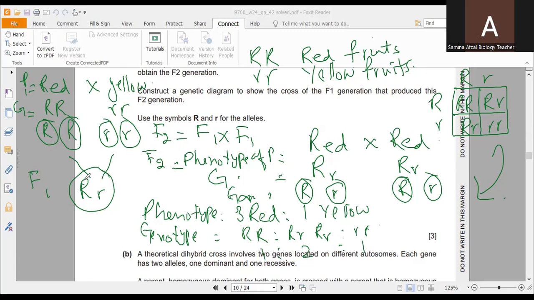So we can say the genetic diagram above shows the cross of the F1 generation, illustrating how the F2 generation with a 3:1 phenotype ratio of red fruit is produced. So it was all about this question.